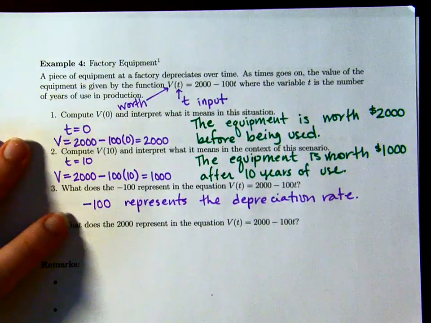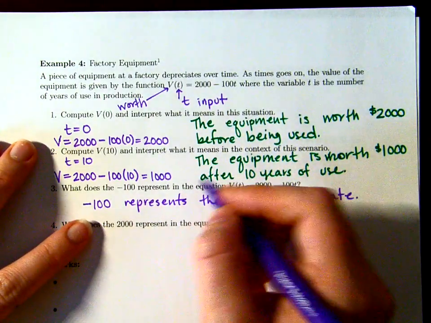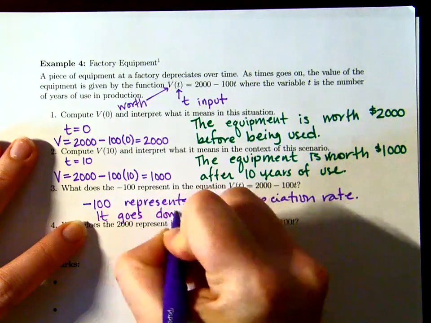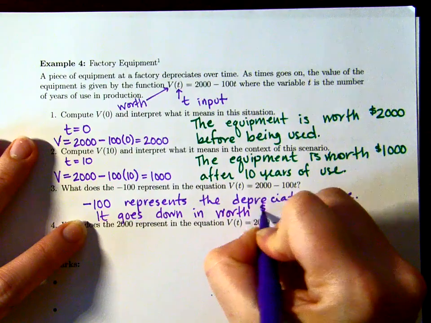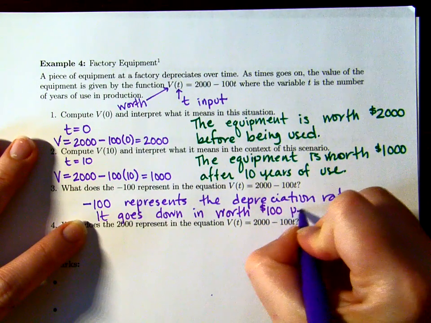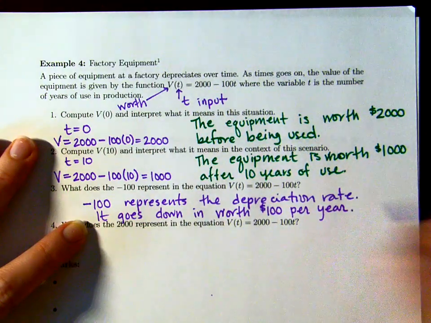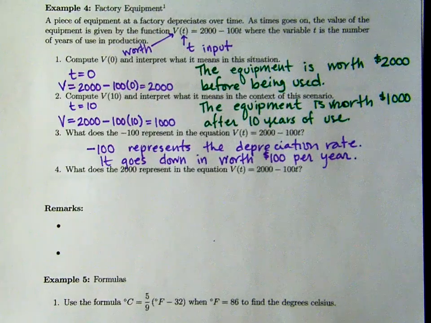Okay, or more quickly, it goes down in worth $100 per year for each year it's used. That's how it's going down, the value of it.